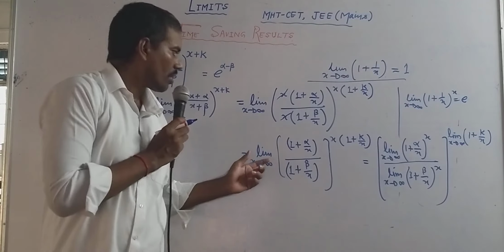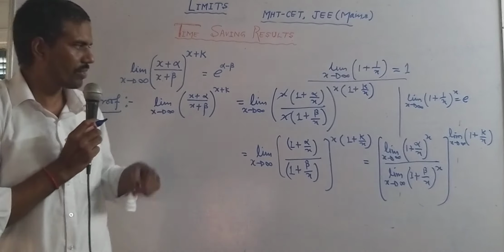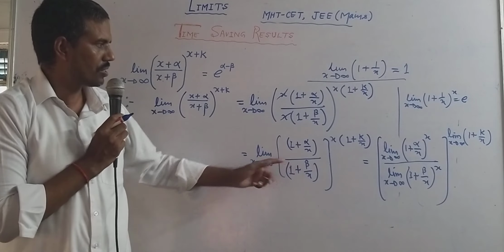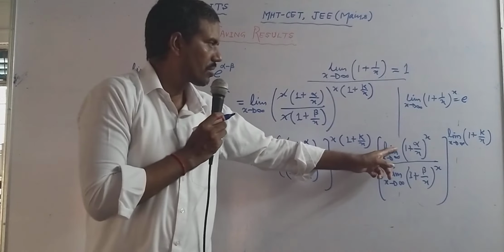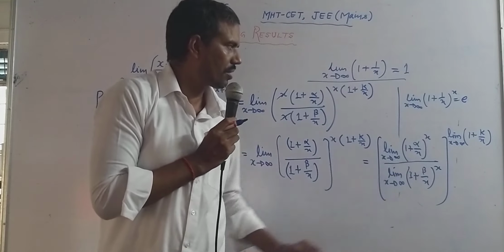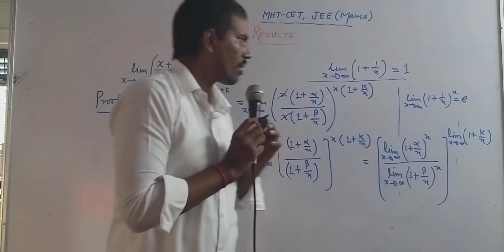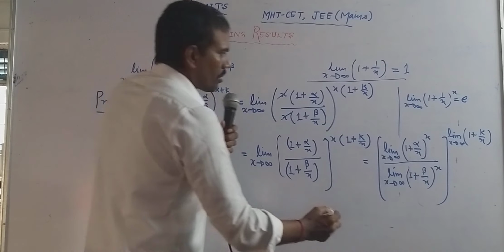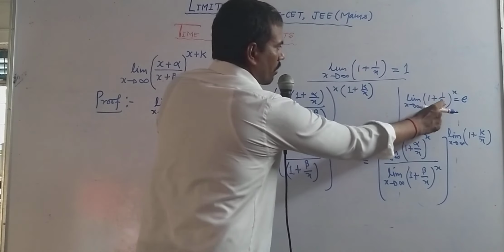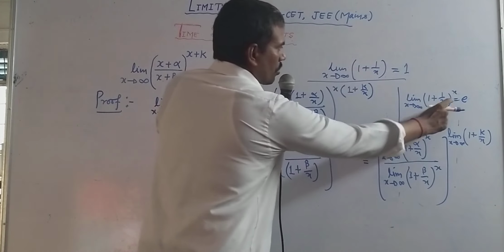The limit of subtraction, multiplication, division of any function is equal to, here the limit of division of two functions is equal to limit of numerator upon limit of denominator. To the power, we can take limit of power also. So for the result, limit of (1 plus 1 upon x) to the power x as x tending towards infinity is equal to e.